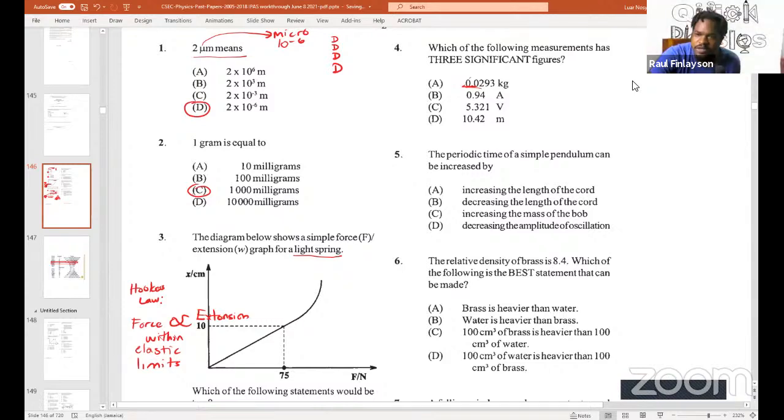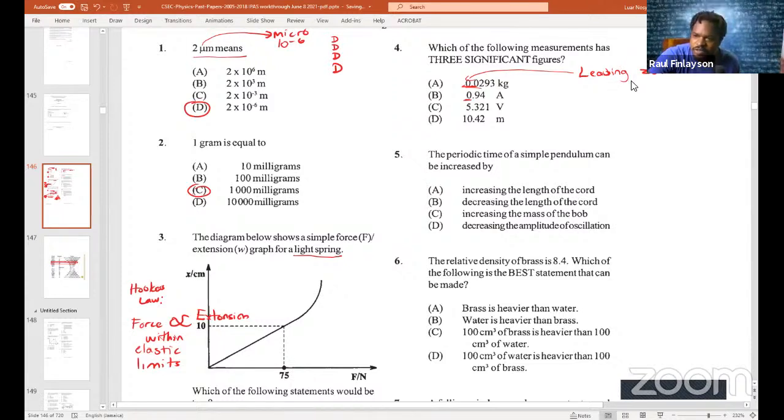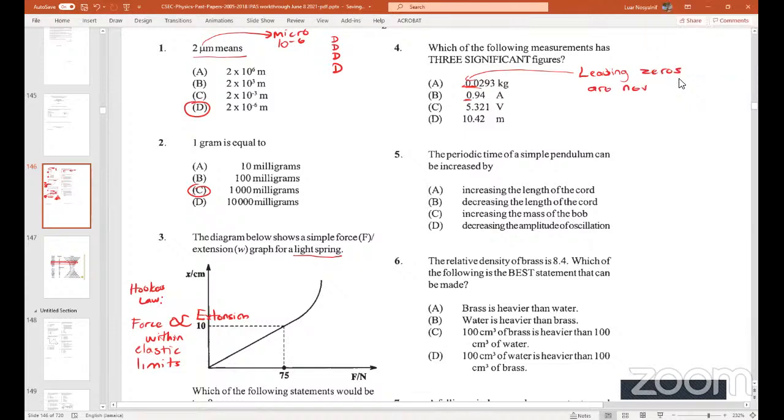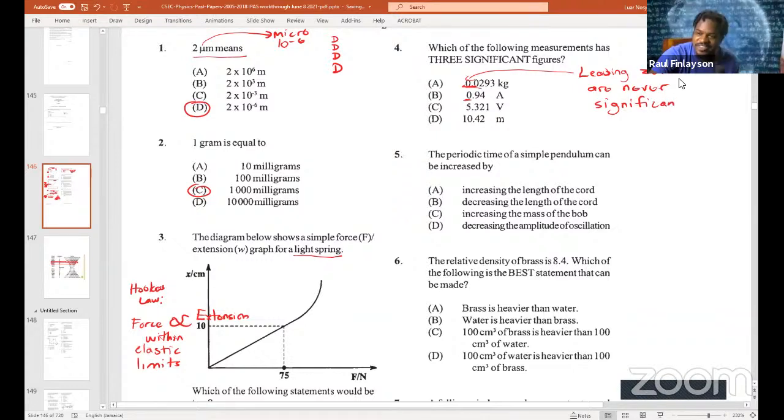All right. So this 0 there is in front of a number. These zeros are called leading zeros. Anybody hear that term before? Yes, sir, you gave us an abbreviation, nibs.